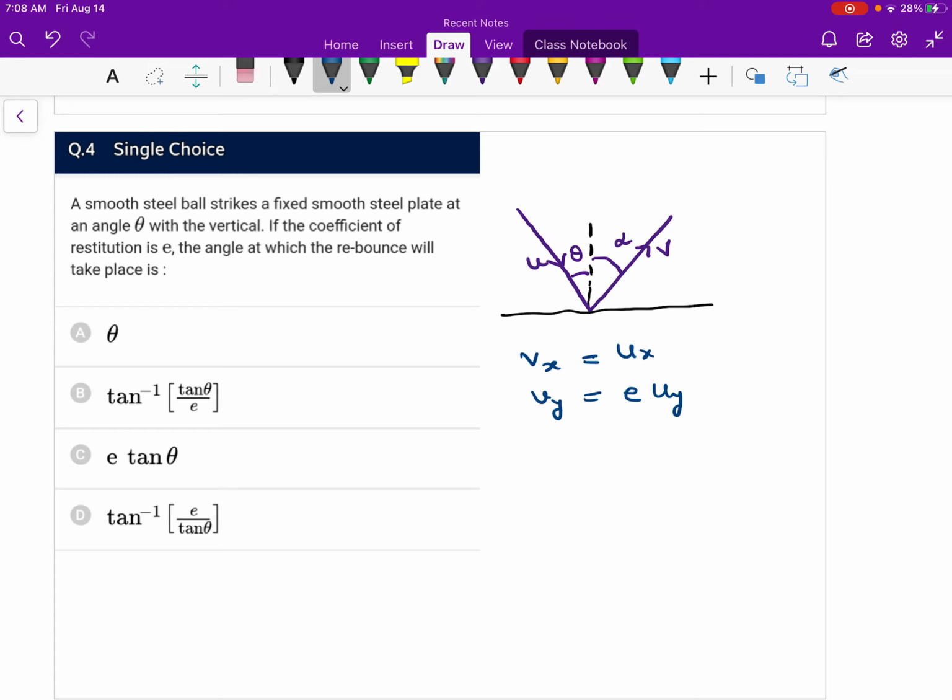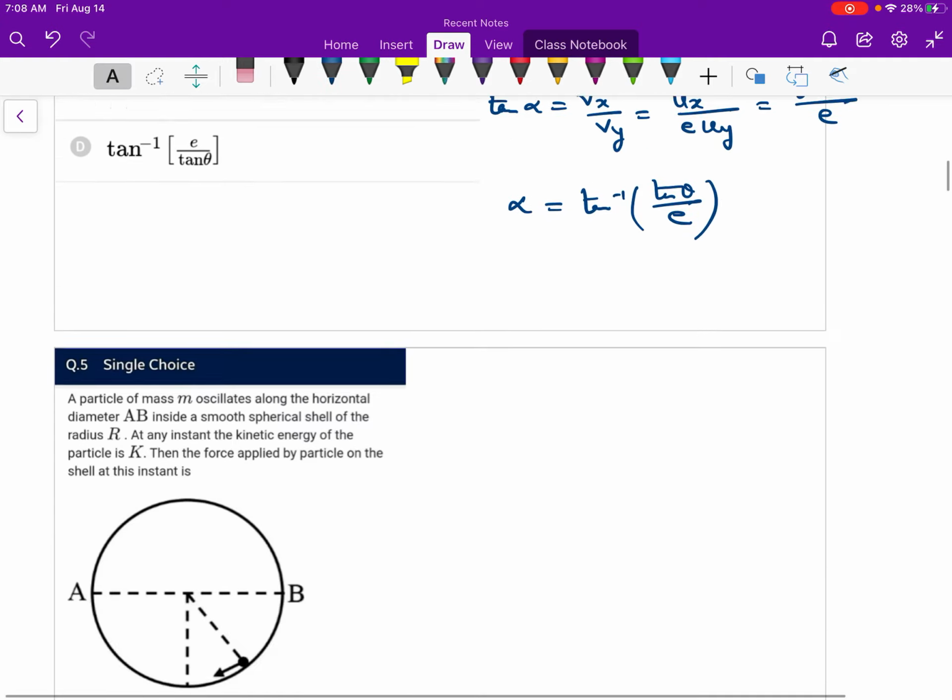So tan alpha is vx upon vy, which is ux upon e uy. Ux upon uy is tan theta, so that is tan theta by e. So alpha is tan inverse of tan theta by e. You can learn this as a formula as well.